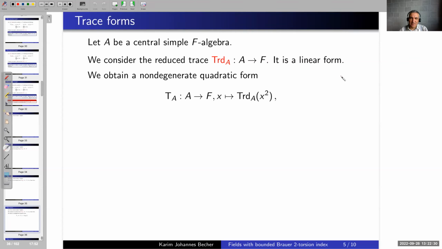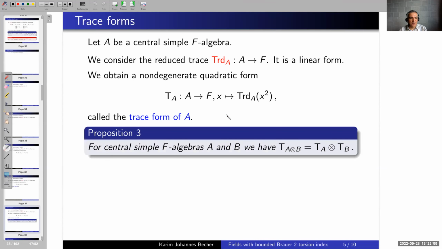I was never so attracted by these trace forms until this year when I made a computation that I want to show to you. So this gives a quadratic form, and this is called the trace form of A. By the trace form, I don't mean the linear form, I mean the quadratic form.